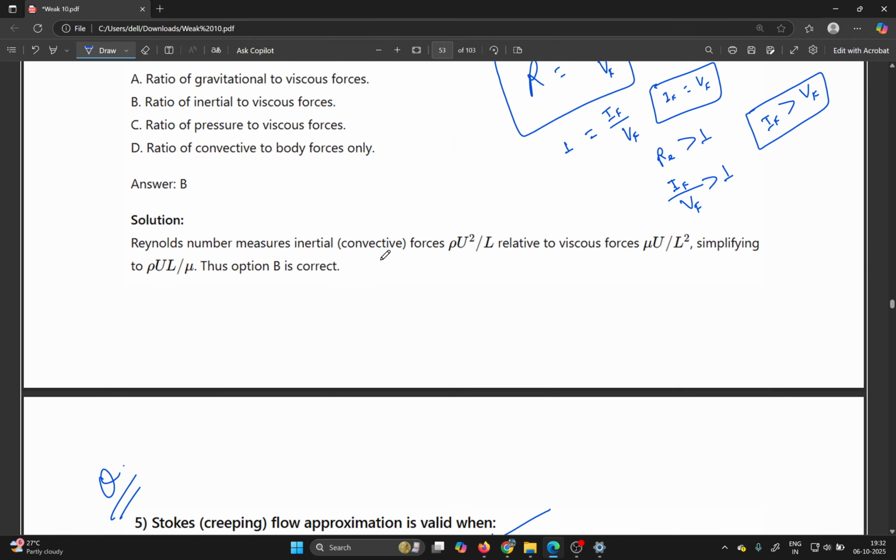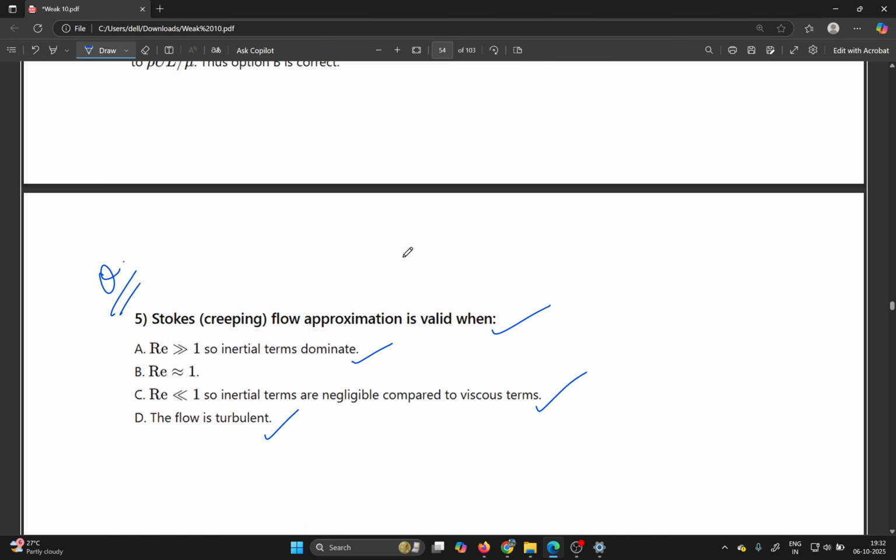So now you can think about whether this statement is valid: Reynolds number is greater than 1, so inertial term is dominant. Yes, this statement is correct, but is it the condition for the Stokes flow approximation, option A, or not? This is the question here.